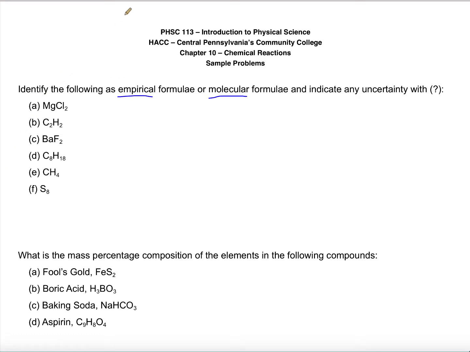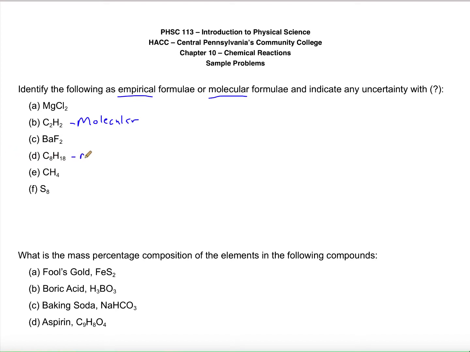So let's find a couple here that are molecular, and that would be something like B, which has C2H2. Well, that is not the simplest whole number ratio that you can possibly do. You could simply write CH. So this would be an example of a molecular formula. You could just explain that as it does not have the simplest whole number ratio.